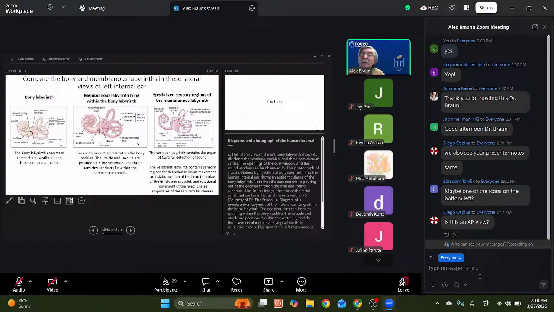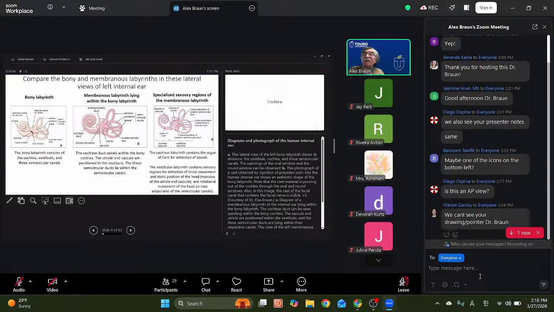The other sensory epithelia, which we mentioned, mediate senses of balance, position of the head, movement of the head, whether it's linear movement or angular movement, those types of things. All these things together you might simply call vestibular sensations. They're part of the vestibular apparatus of the ear.